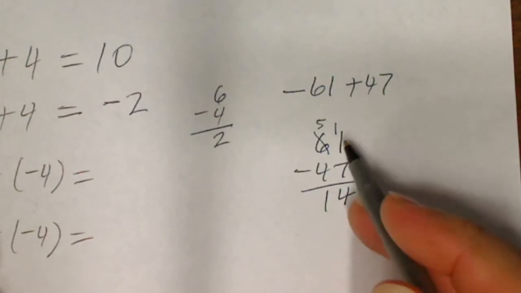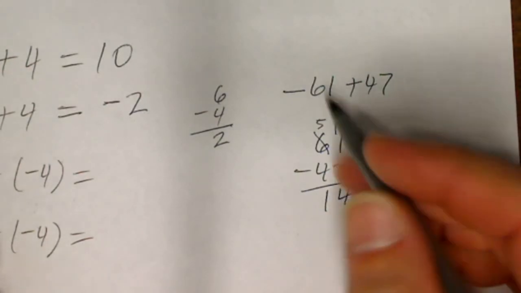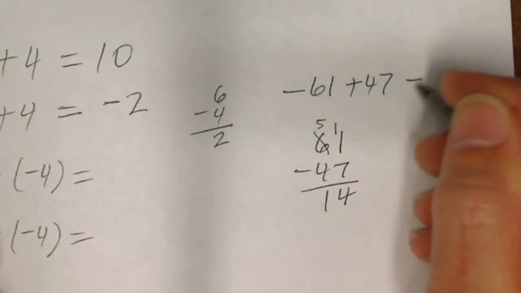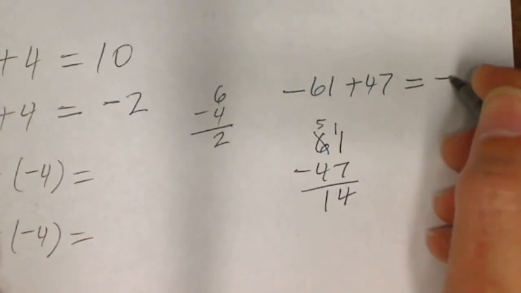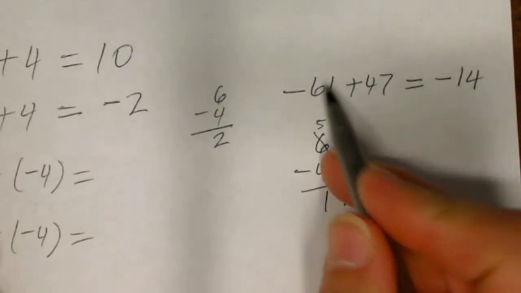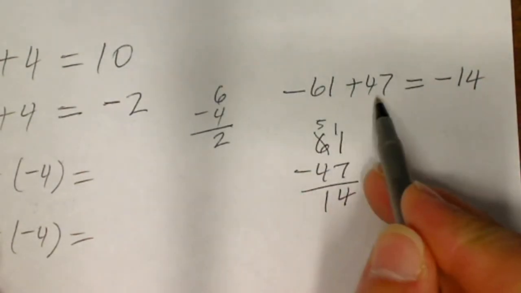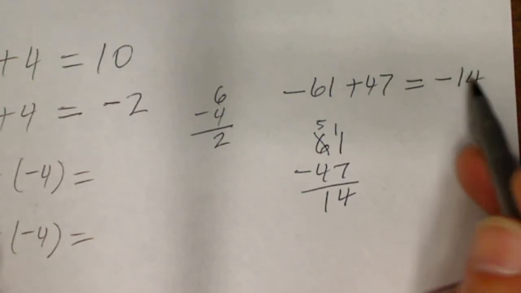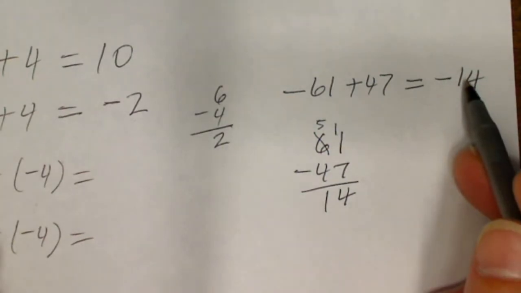You get 14, 61 minus 47. However, the 61 is negative, the 47 is positive. The signed number answer is negative 14 because you owed more money than you had. Now your debt is much smaller, but you still have a debt of $14.